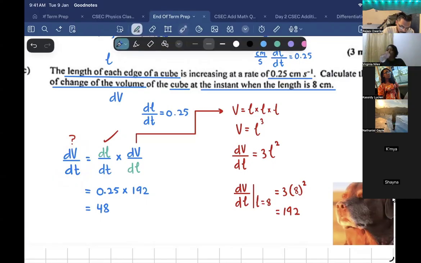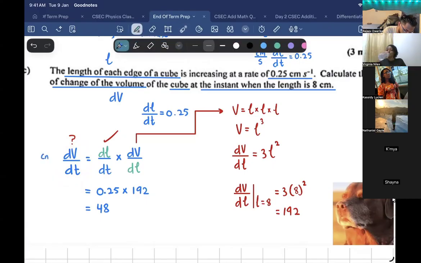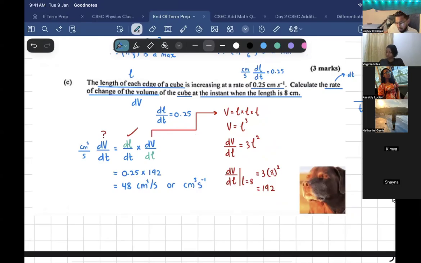Centimeters cubed. And of course we measure time in seconds. So units will be centimeter cubed. You could say per second, or instead of saying per second, you could write s to the power minus 1. You understand this?